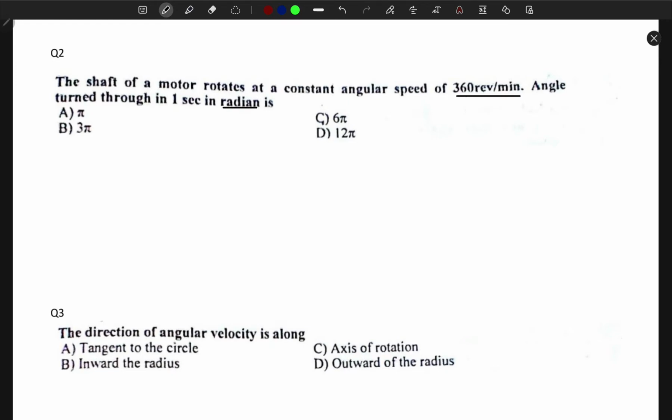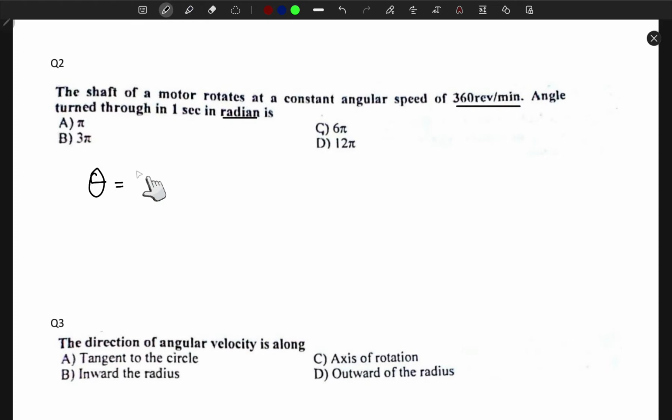So how do we go about this? So recall that the angular displacement is theta, which is given as the product of angular velocity times the time, right? Now the angular velocity or the angular speed is a constant, and it's given as 360 revolutions per minute.